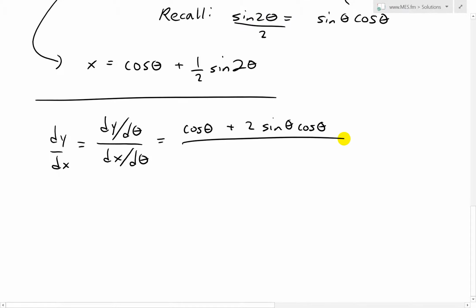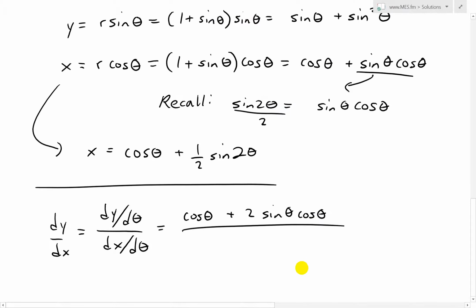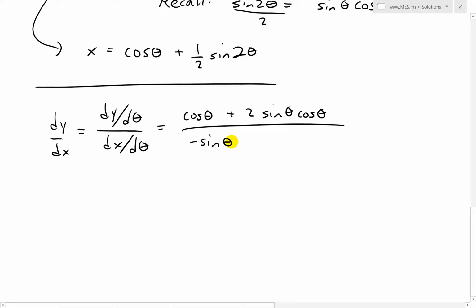Divided by the derivative of x: the derivative of cosine is negative sine theta, and for the derivative of sine 2 theta, the 2 comes down, giving cosine 2 theta times the derivative of the inside, 2, so the 2s cancel. So that's what we have now.